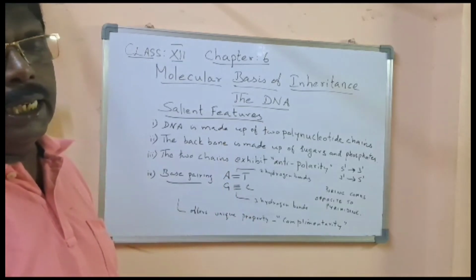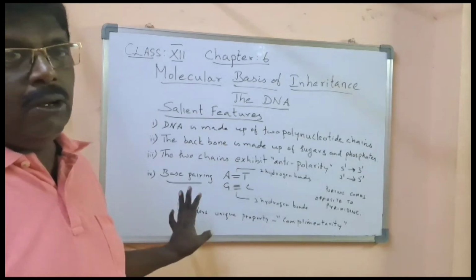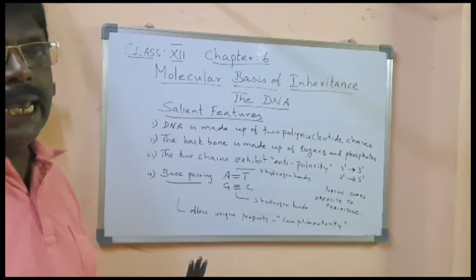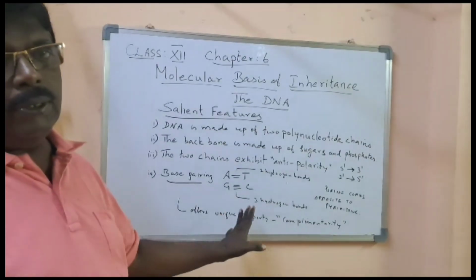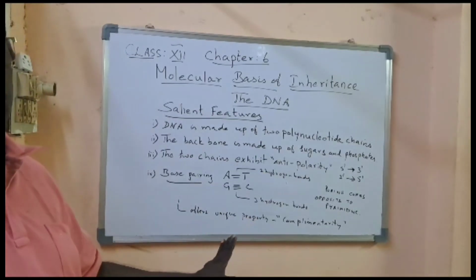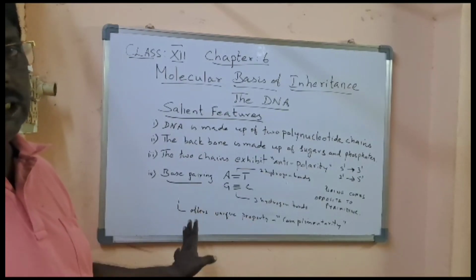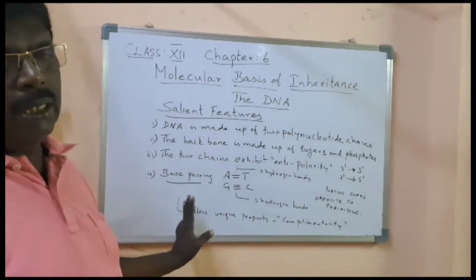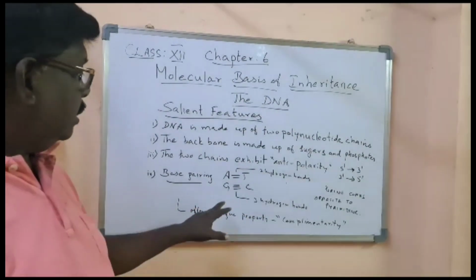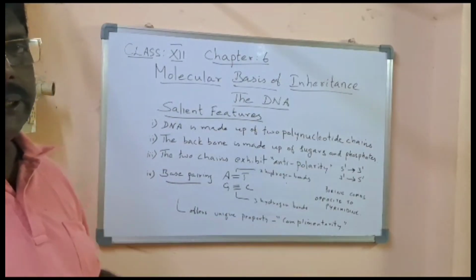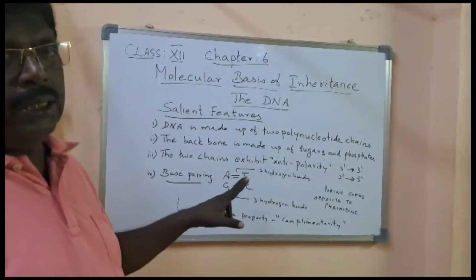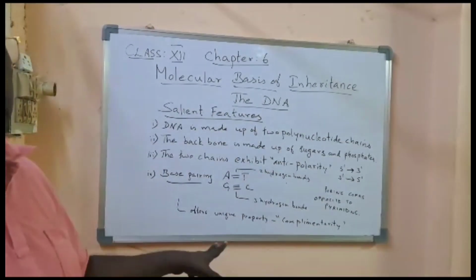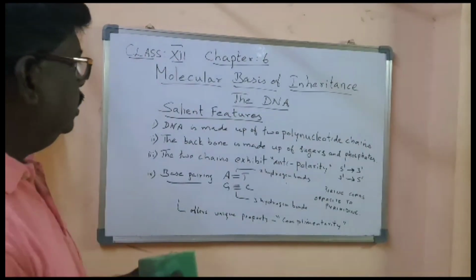Second thing, purines always come opposite to pyrimidines. A, T, G, C: adenine is a purine, thymine is a pyrimidine. Similarly, guanine always pairs with cytosine. Between A and T, 2 hydrogen bonds. Between G and C, 3 hydrogen bonds.